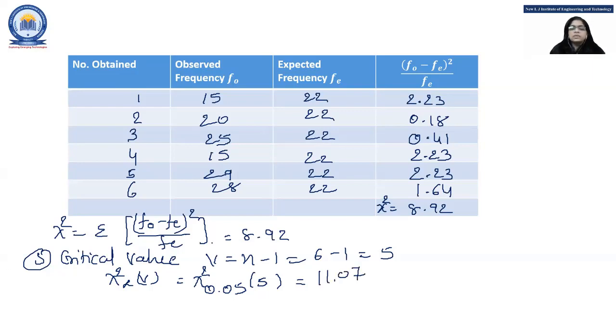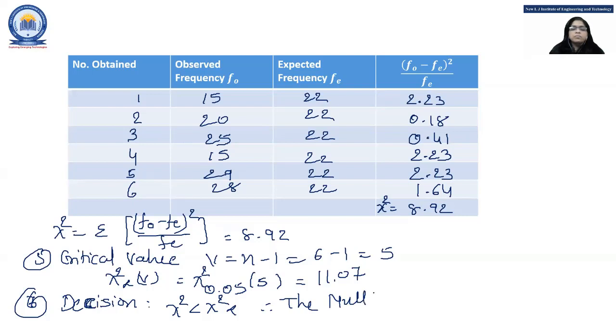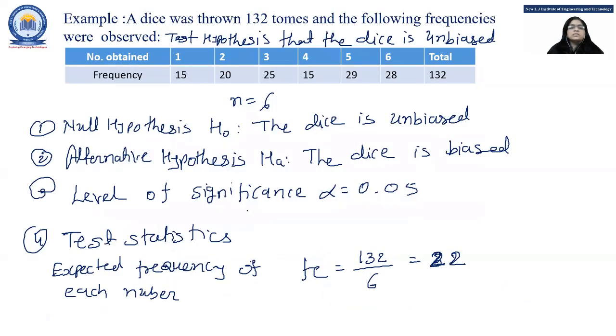And from the test statistic value chi-square 8.92 and critical value 11.07, we can make out the decision that chi-square is less than chi-square alpha. Therefore, the null hypothesis is accepted. Right? So as per the null hypothesis, we can say that the dice is unbiased.